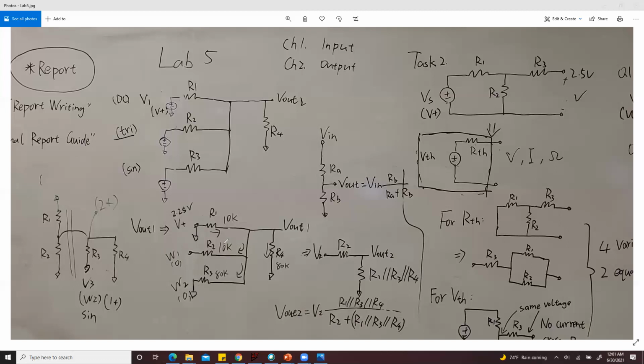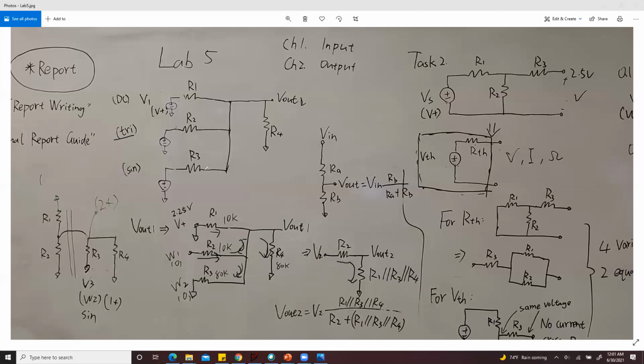In this case, the current will go to R2 first, and then the current will go to R1, R3, and R4 at the same time. So the circuit will be something like this. The current goes to R2 first, then to R1, R3, and R4, which will be in parallel in this case. Then this will be the output.